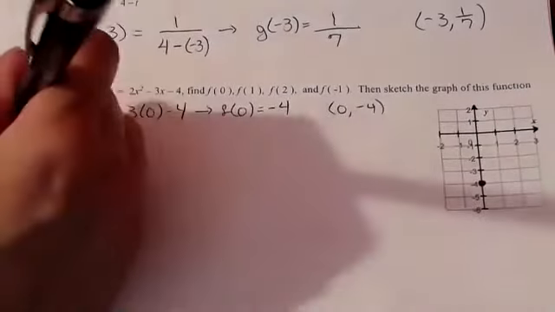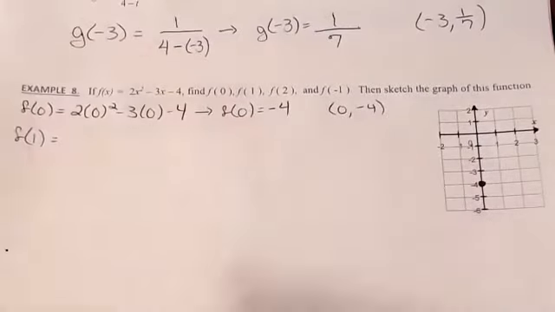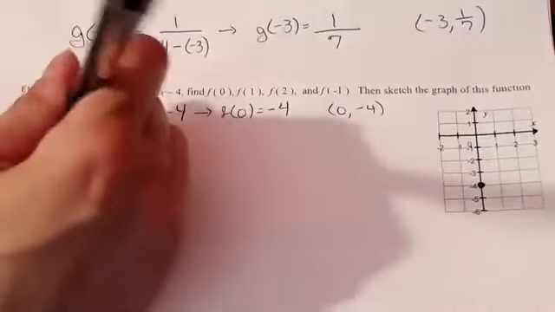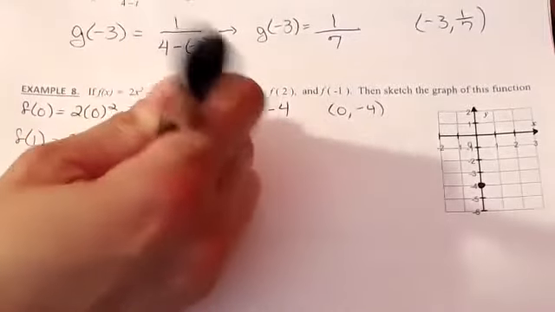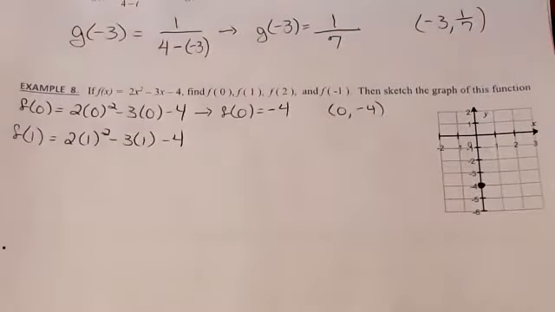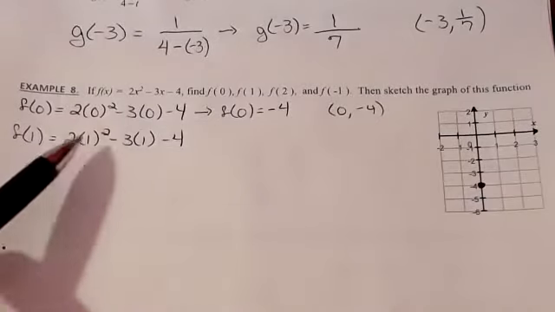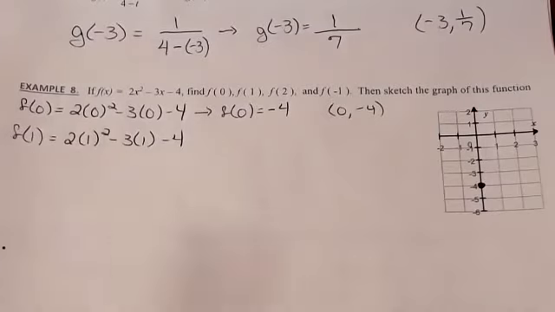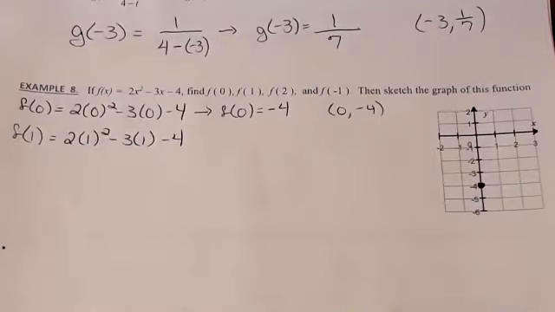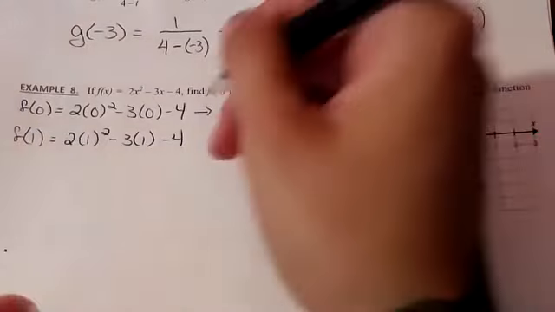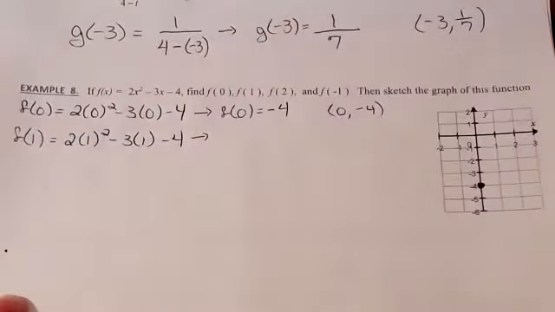Let's do it again. We're going to find f of 1. Wherever we have an x, we're going to replace it with 1, but we're going to be really careful to not lose any of the pieces from any of the terms from our equation. So we have 2 times 1 squared, that's just 2. So we have 2 minus 3 minus 4, and that's going to give us -5.